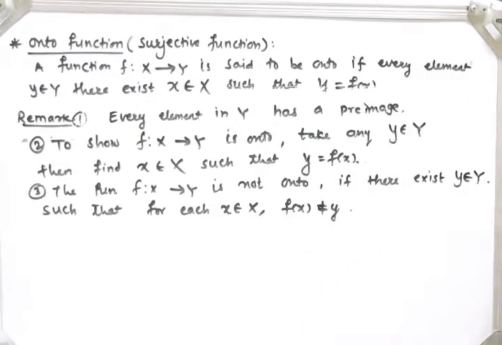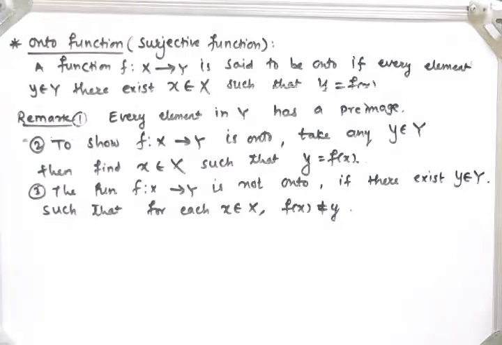If this condition is satisfied, then we say that function f from X to Y is not onto. In other words, if there is an element y belongs to Y which does not have a pre-image, then we say that f is not onto function.